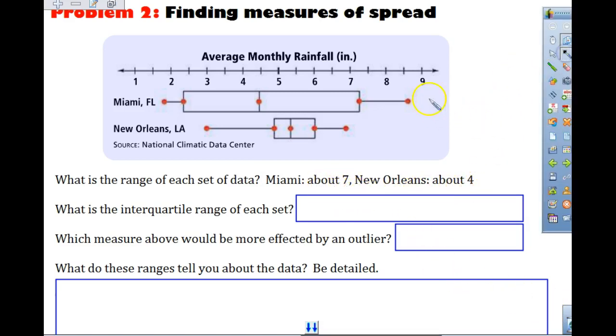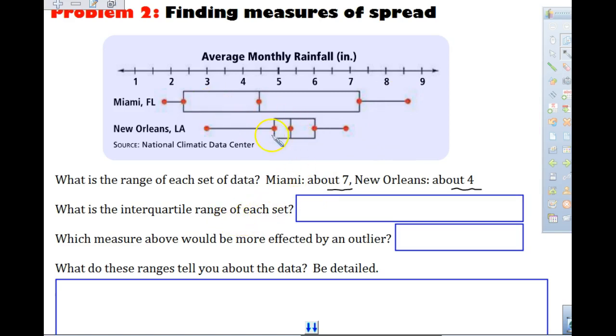Does that make sense to you? We are looking at 8.5 and we're subtracting 1.5, right? So 8.5 minus 1.5 would give us about 7. If we look at New Orleans, we're going from 7 to about 3, so about 4. Okay, you don't have to be exact on the decimals because we don't know exactly if it's 8.5 or 8.6.